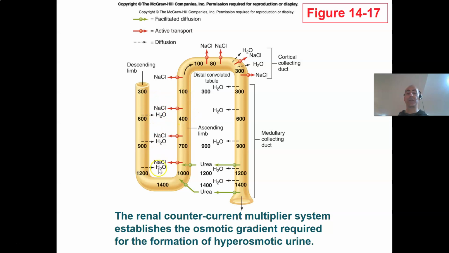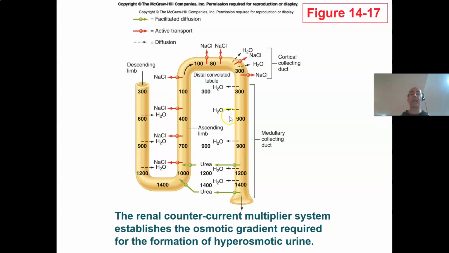So because of this hyperosmoticity that is created mainly by the ascending limb, you again get water reabsorption because water follows its concentration gradient downhill. Without this shape of the loop of Henle, without these hairpin turns, you don't get a countercurrent multiplier.